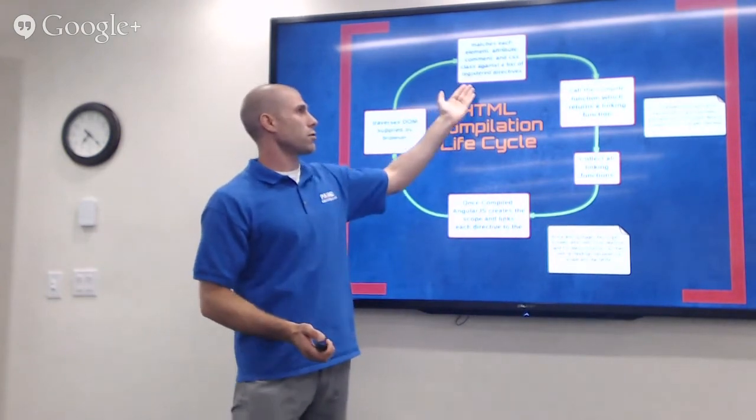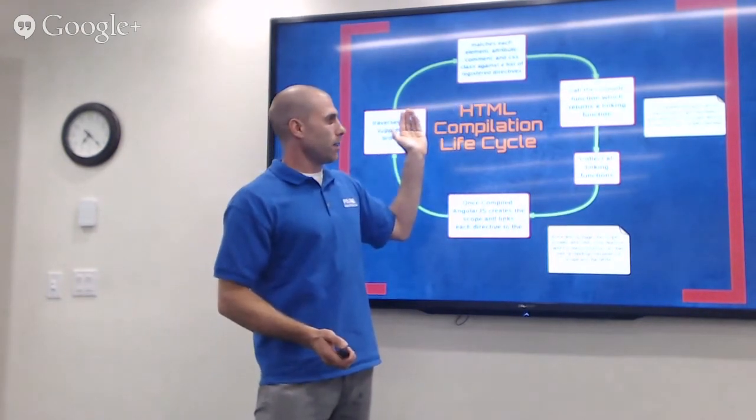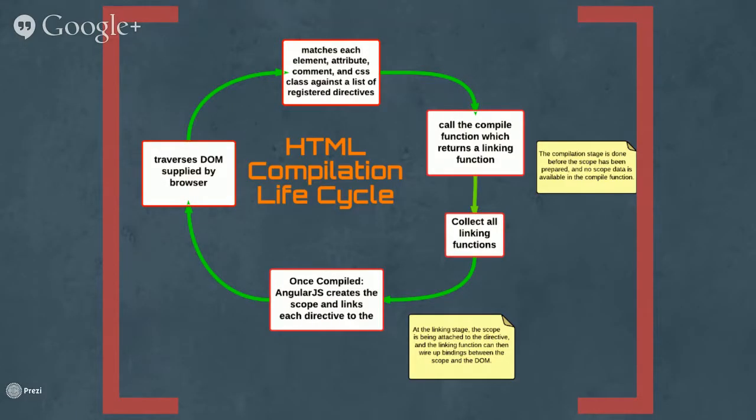It registers your directives and then compares them against the list of registered directives. So if your directive is not registered, it'll throw an error. And then it calls the compile function, which returns the linking function. So the linking function. Am I losing everybody? Everybody's good? Well, I'm hoping that the demo will clear some things up.